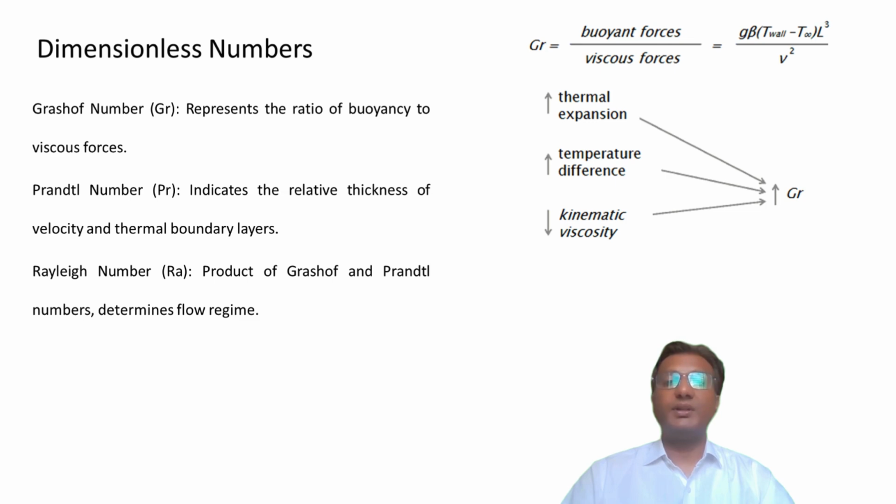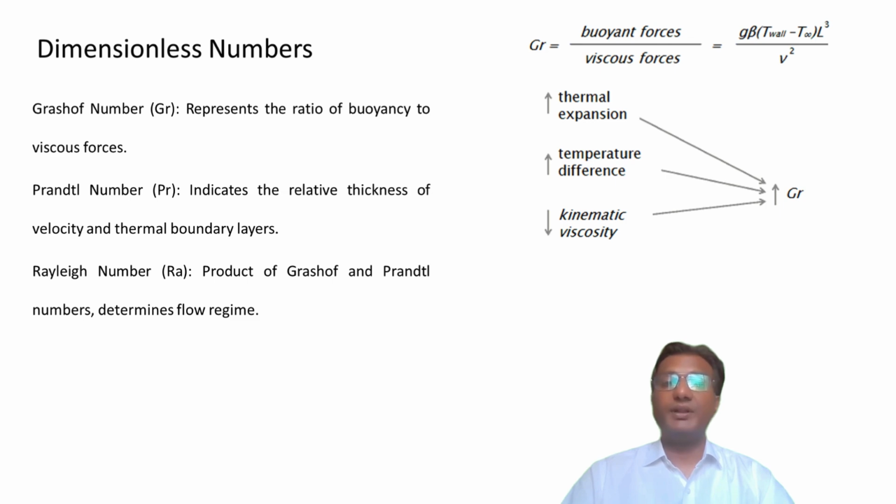The Rayleigh number is the product of the Grashof number and Prandtl number, which determines the flow regime, that is laminar or turbulent. For a low Rayleigh number, the flow is laminar, and for a high Rayleigh number, it becomes turbulent, which enhances heat transfer. These numbers allow engineers to predict convection behavior without complex calculations.